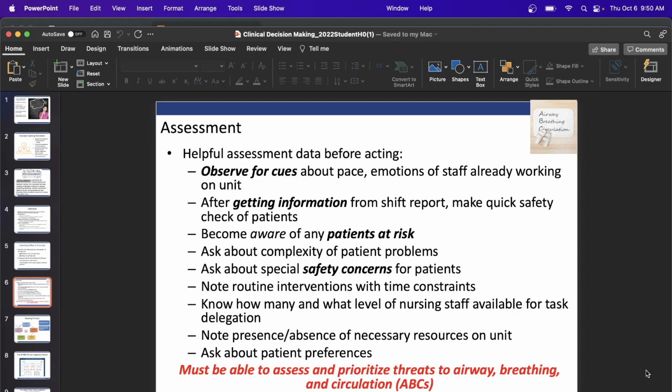All right, so becoming aware of patients at risk, and this is something you want to ask. Patients at risk would be somebody who is at risk for aspiration, but it's also someone who might be in with, say, an exacerbation of heart failure, and that's kind of where our mind is going in terms of assessing them, but maybe they also have a comorbid condition of alcoholism.